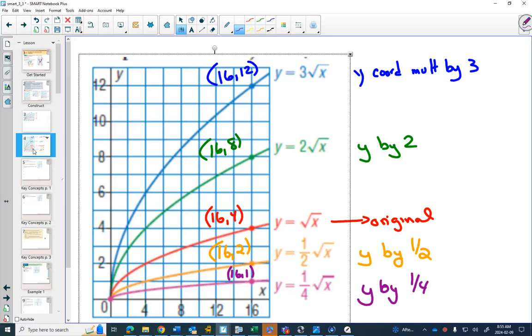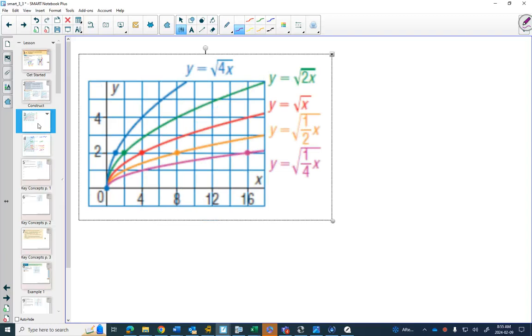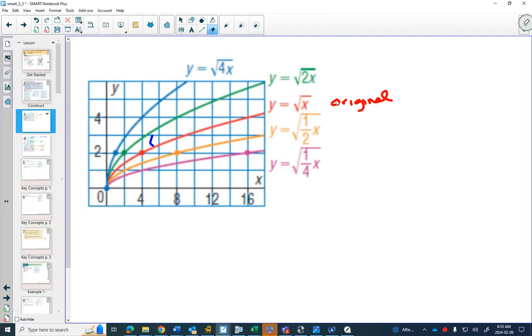The next one that we're going to look at, again, here is our original in red. Now the numbers are inside the function. And so the original point that they started with in red was 4, 2.